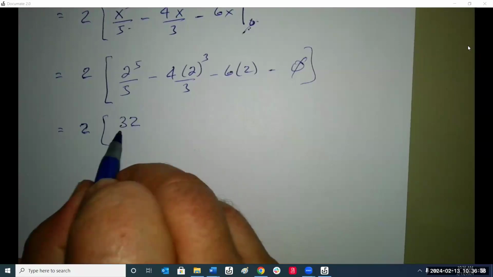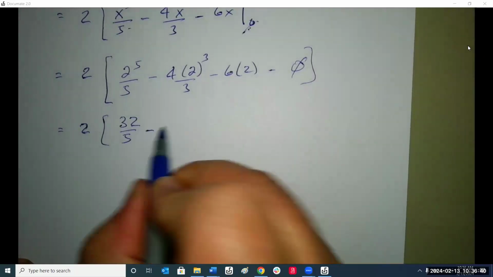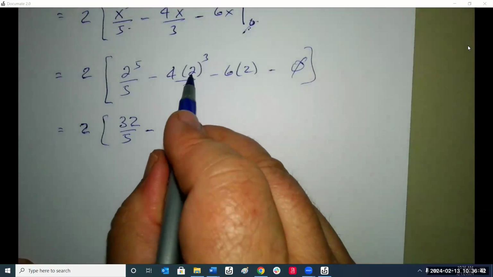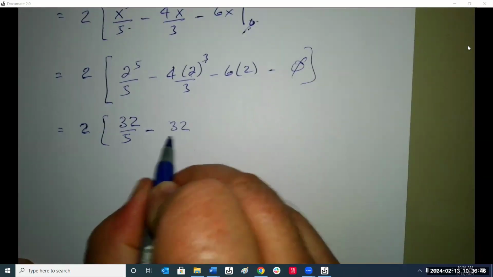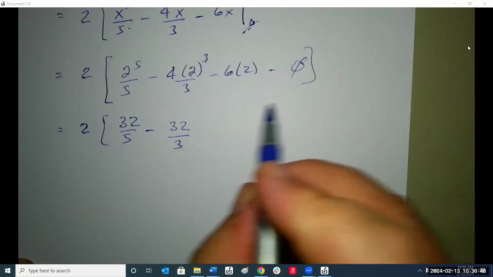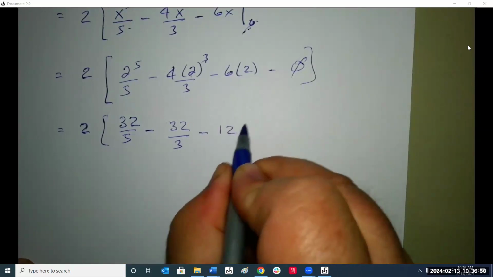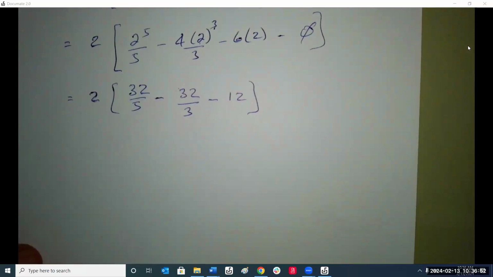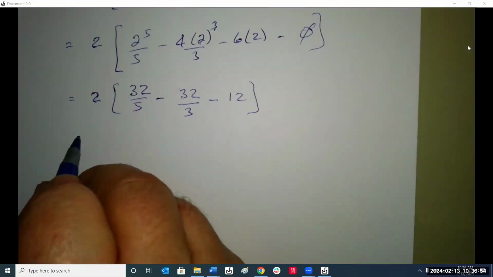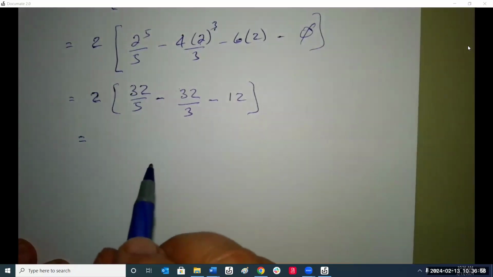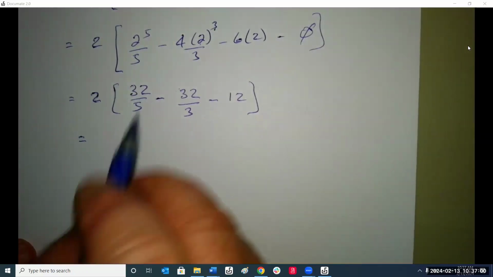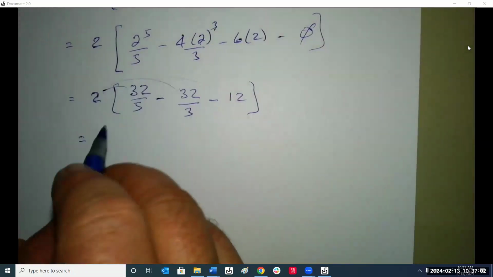So it's 32 over 5. 2 to the 3rd is 8. 8 times 4. Then now I'll multiply by 2.